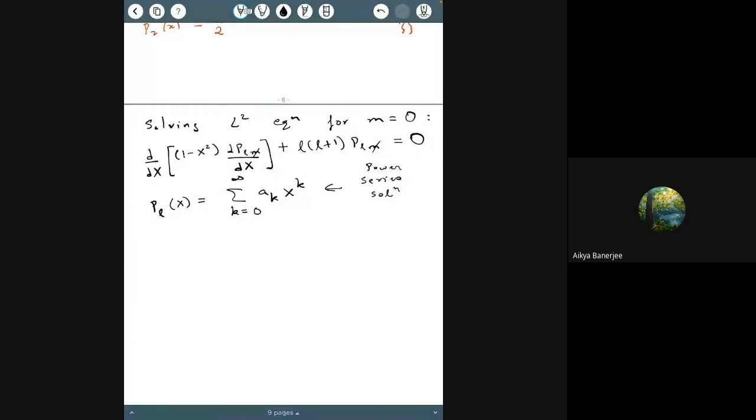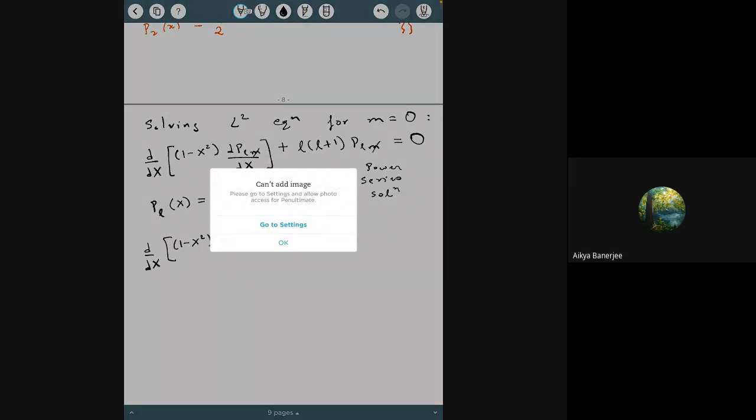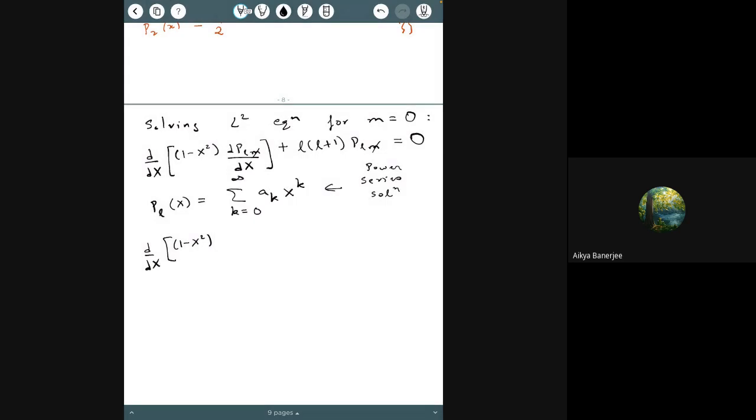And we substitute now this solution in our differential equation. And what we get is (1 minus x squared) d/dx of the sum of k a_k x to the power k.